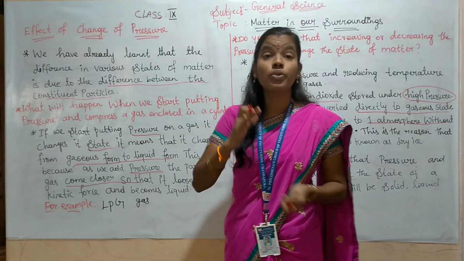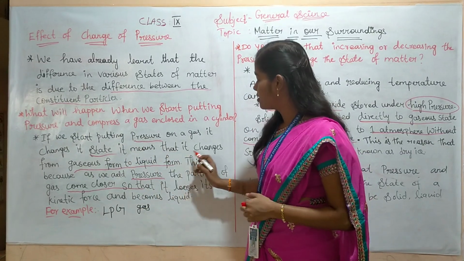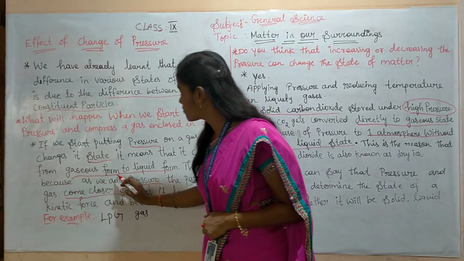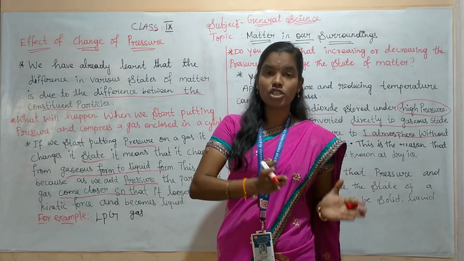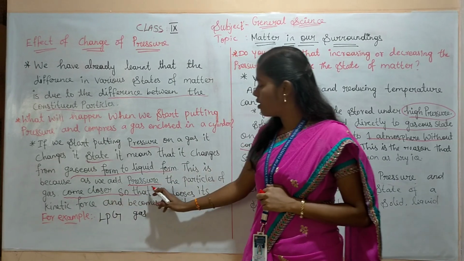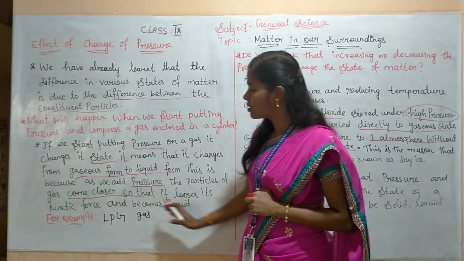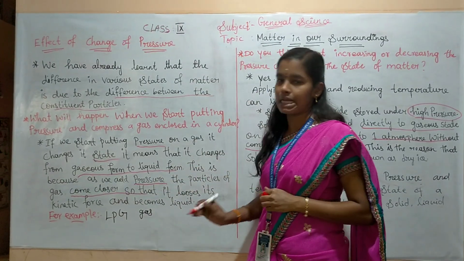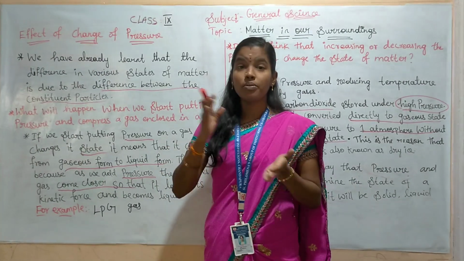It changes from the gaseous form to the liquid form. This is because as we add pressure, the particles of gas come closer, so it loses its kinetic energy and becomes liquid.